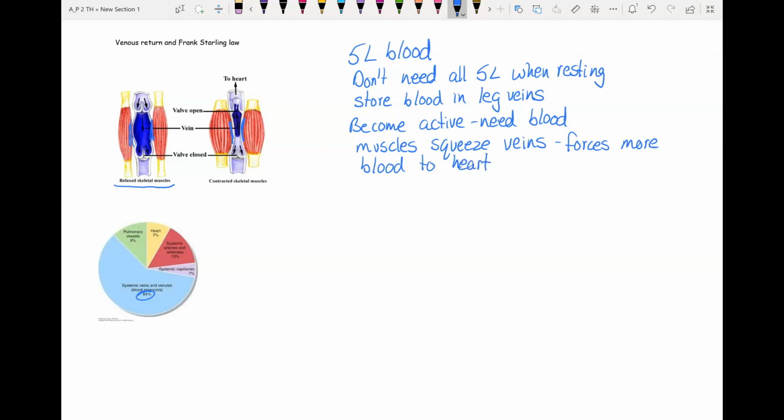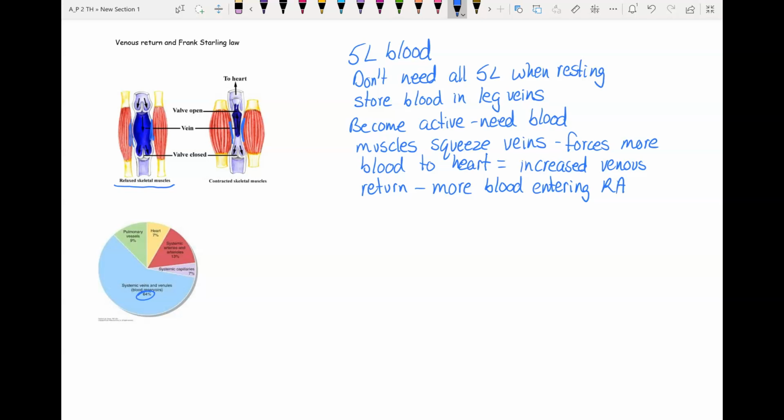Now you're putting more blood in the heart. This is increased venous return. So you're going to have more blood entering your right atrium.